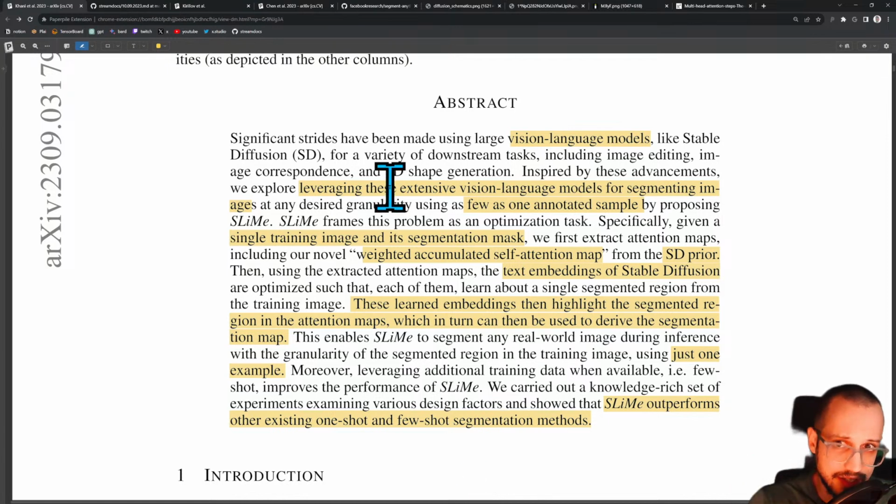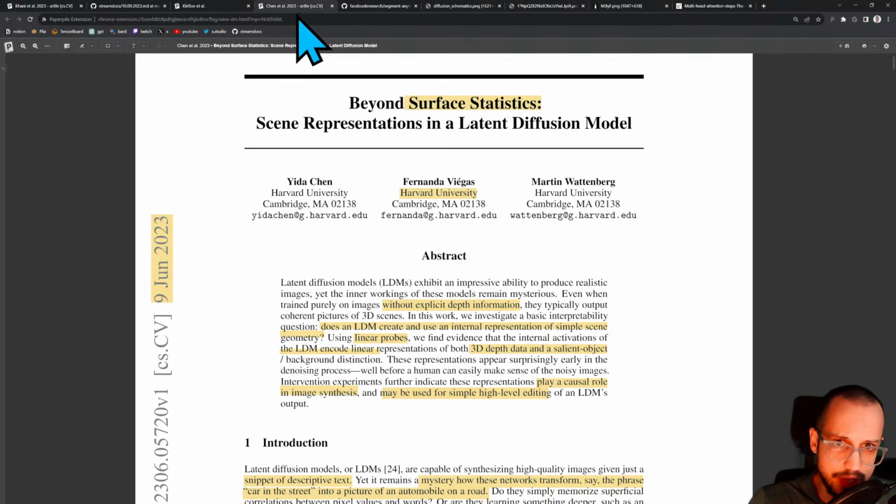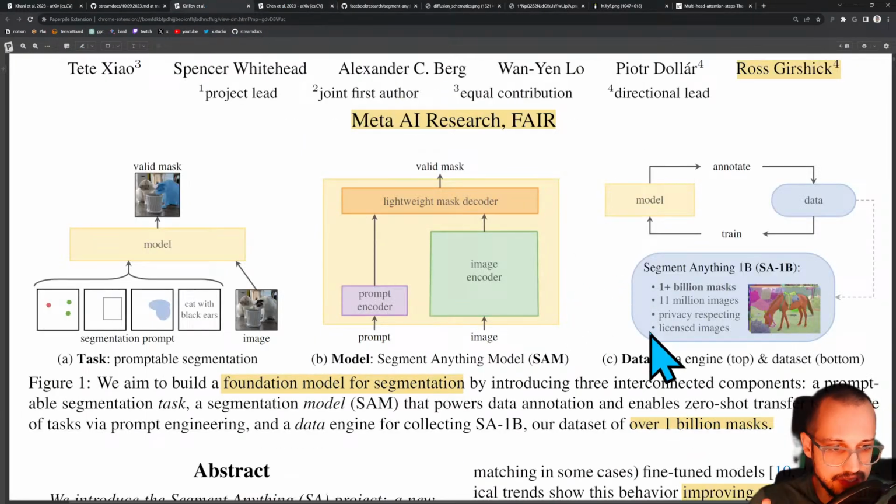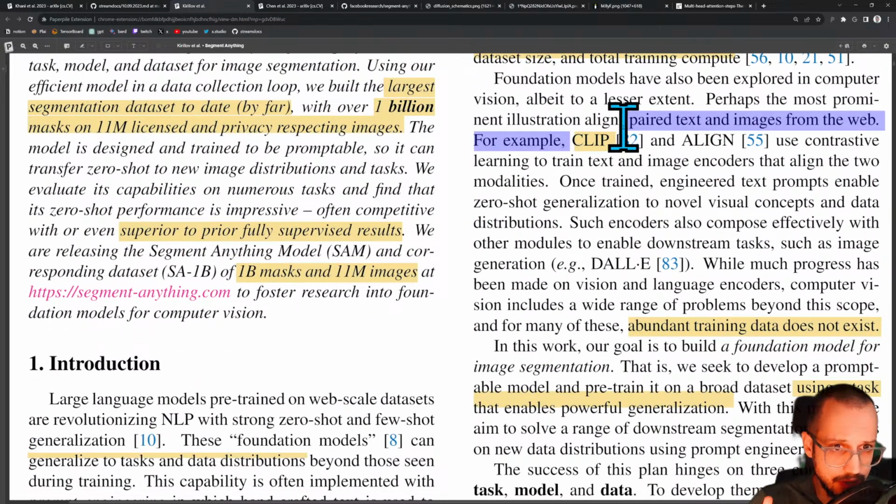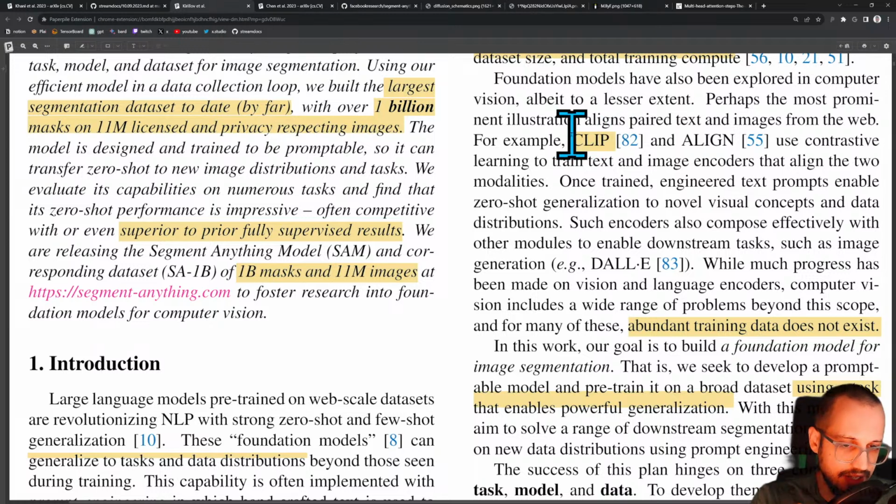And that's not necessarily new. People have been doing this for a long time with CLIP. So, for example, even in this paper, they talk about CLIP here, which is a contrastively trained language image pre-training. This is an OpenAI model, and there's a huge amount of computer vision papers that basically just take the intelligence that's inside CLIP and then use it to do something clever in a slightly different space.